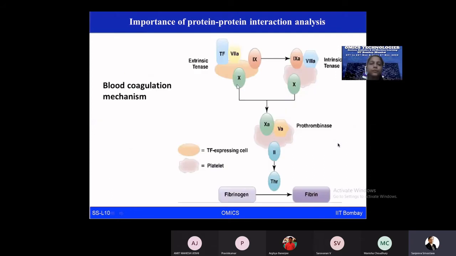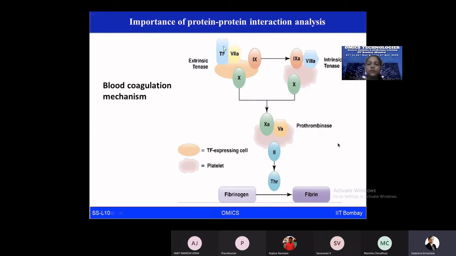For example, in the blood coagulation mechanism, there are two ways by which this mechanism takes place in the body. One is the extrinsic tenase complex and the other is the intrinsic tenase complex. In the extrinsic tenase complex, factor 7A interacts with the tissue factor, and then factor 10 gets activated to factor 10A.